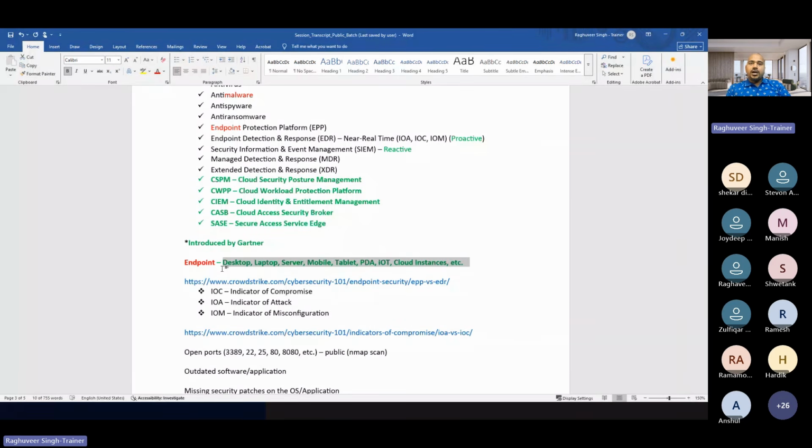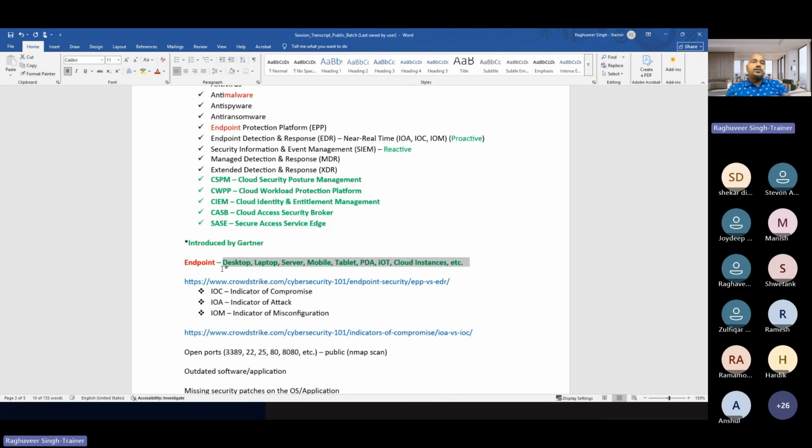They are also part of the endpoint category. So IoT devices or any cloud instance. What do you mean by cloud instance? It is an Azure Virtual Machine, AWS EC2 instance, GCP Compute Engine instance. So cloud virtual servers or virtual machines also come into the endpoint category. These are the things that CrowdStrike is protecting.